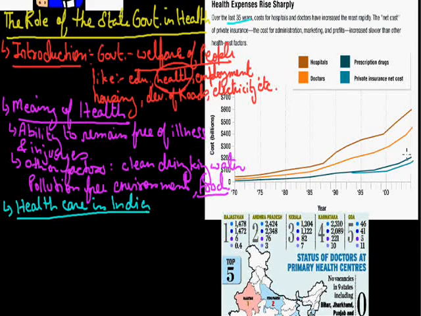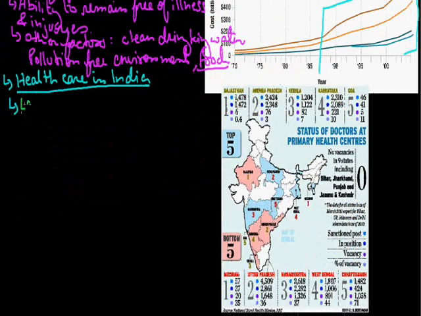In drugs, India is one of the main countries making drugs, meaning medicines. Private insurance is also improving in India. So the conditions are improving in India, but still we have to do a lot. Especially in the last 30 or 35 years, in these three decades, we see a rapid increase in the facilities of healthcare in India.